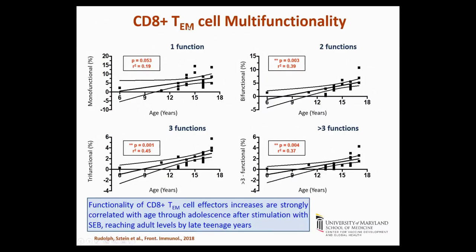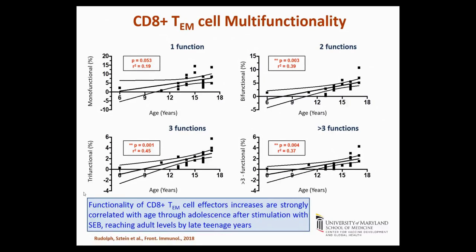If we look at CD8 positive T effector memory cell multifunctionality, we see the same response. One function just barely makes it to significant, but two functions, three functions, and more than three functions are highly significant and increase with age.